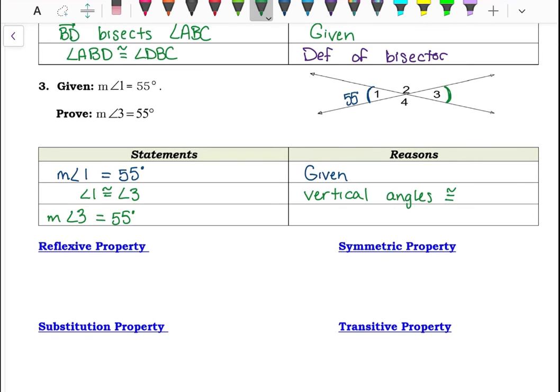Now that I know that those two angles are congruent, I can confidently say that the measure of angle 3 has to also be 55 degrees because that's what congruent means. So my reason would be the definition of congruence. They're the same measure. So if angle 1 is 55, then angle 3 is 55.